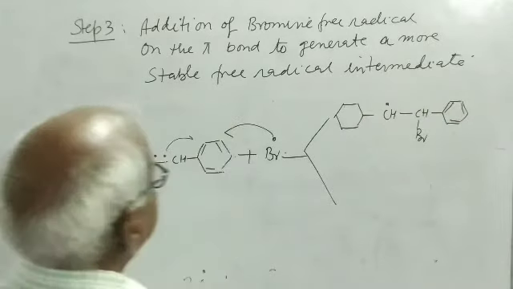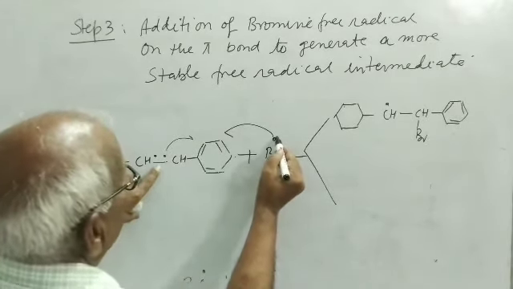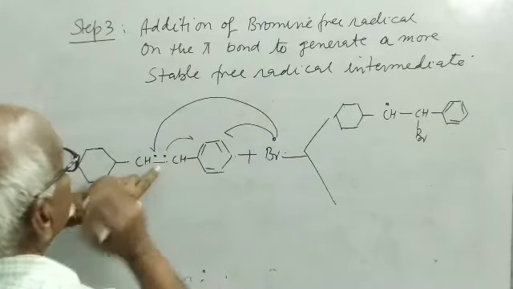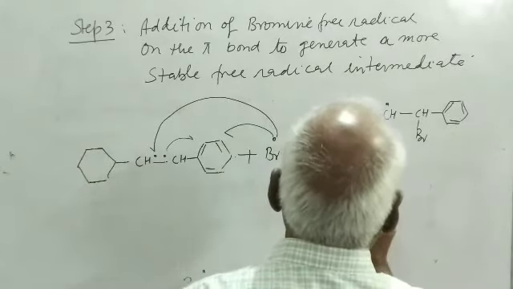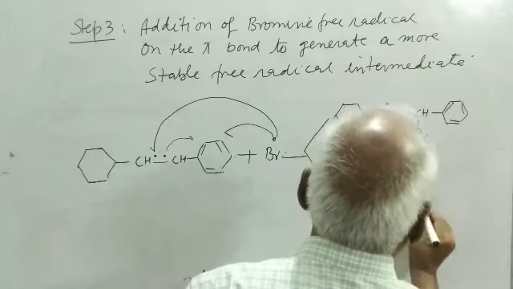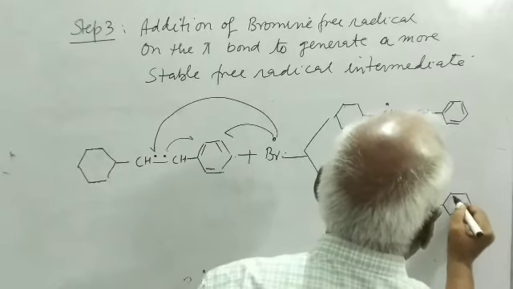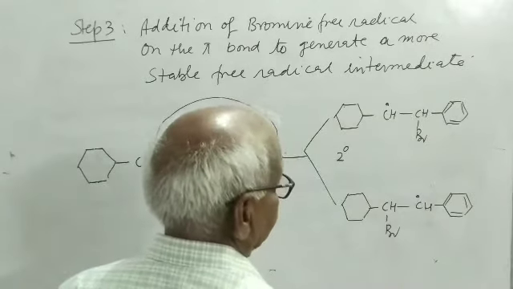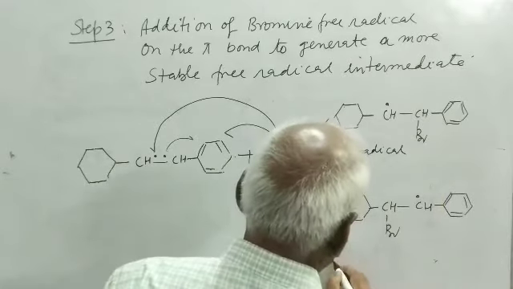In the second case, it may couple this way, with this electron, so the free radical intermediate will be CH Br CH. This is a 2 degree radical. Again this is a 2 degree radical.